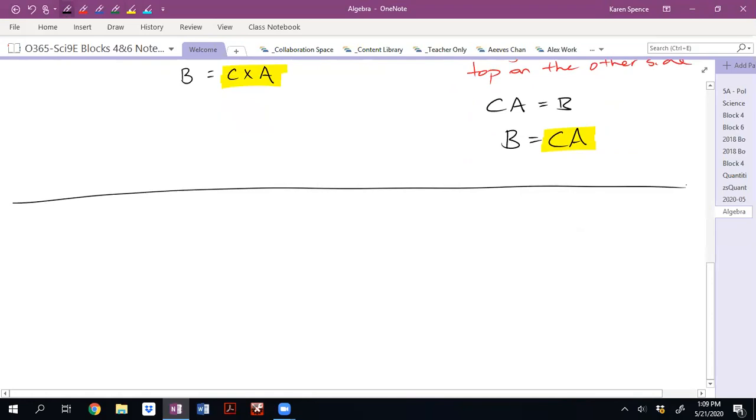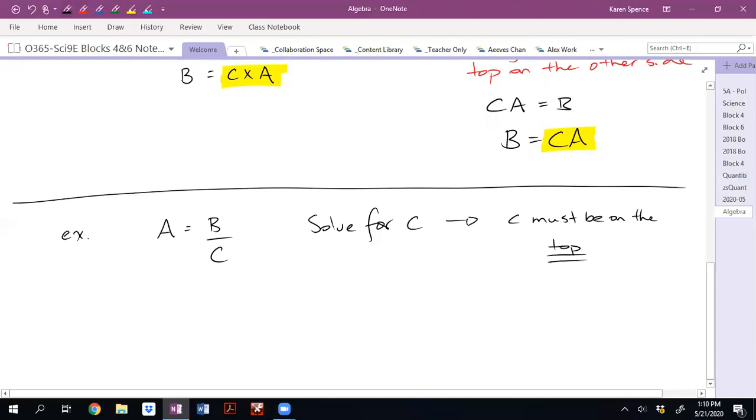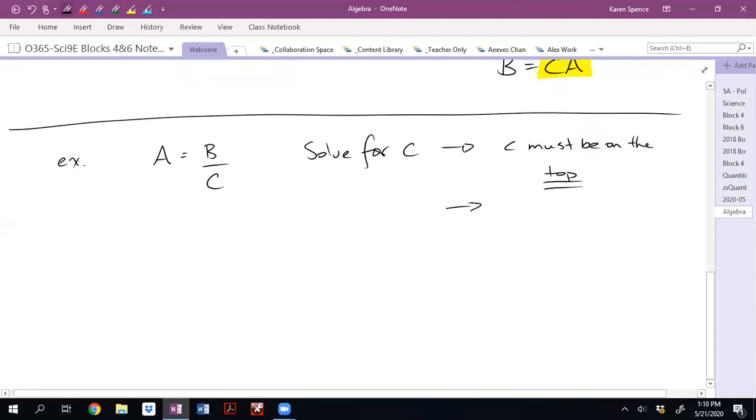Our second example, we're going to use the same equation, but we're going to say A is equal to B over C. And this time we're going to solve for C, which means C must be on the top, if we're solving for it, and C must be by itself on one side.